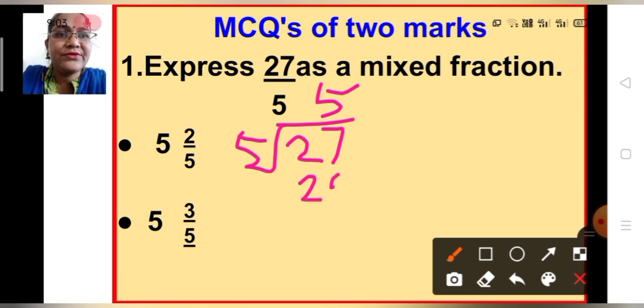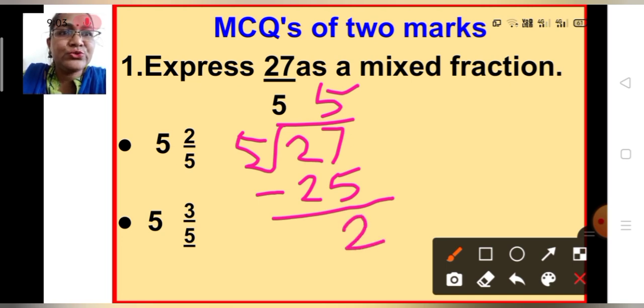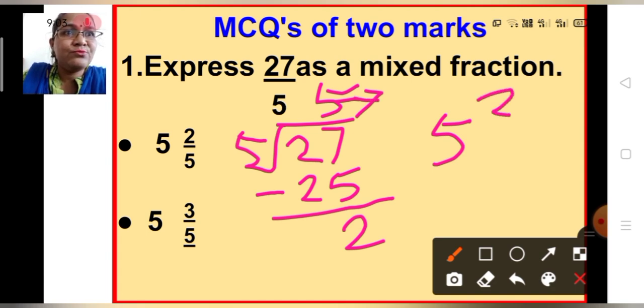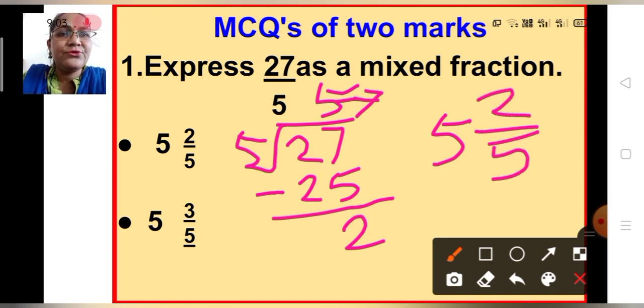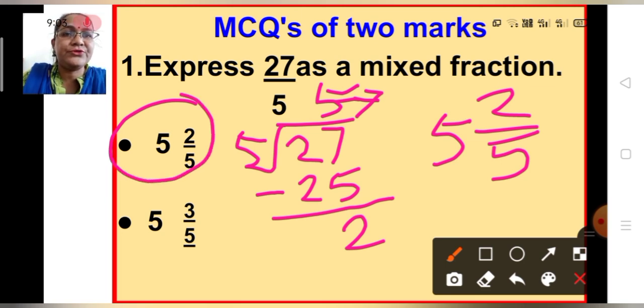Here I will write 25, and then subtraction, then the remainder will be 2. So our required fraction is 5 2 by 5. So you are going to click this option.